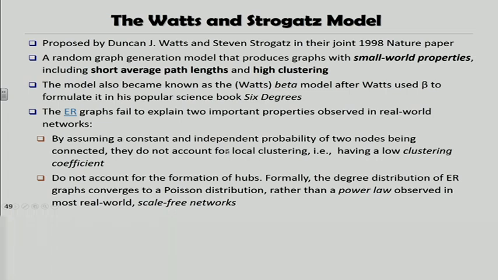Then we look at another model called the Watts and Strogatz model. These two scientists, Duncan Watts, actually, they have a 1998 Nature paper. Nature magazine is very prestigious. You publish there. Okay. And what they found is the original one, you got a small world property, short path length, and high clustering.